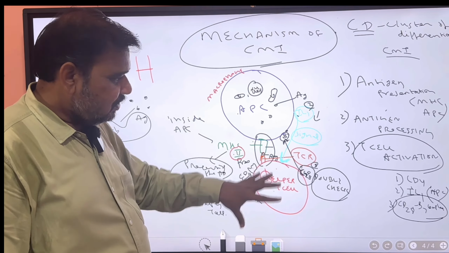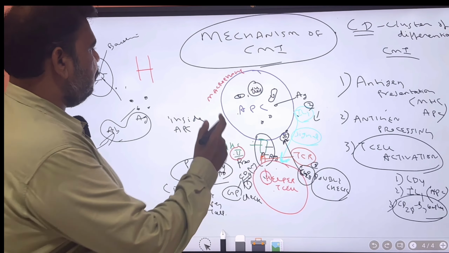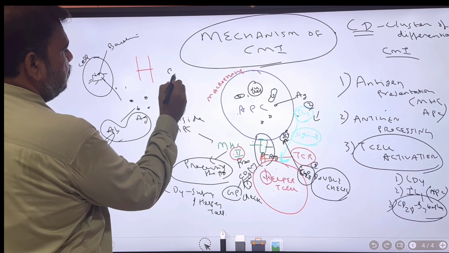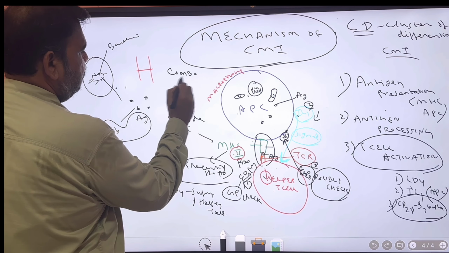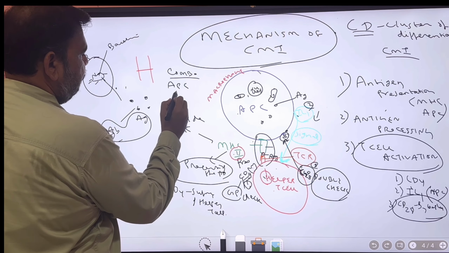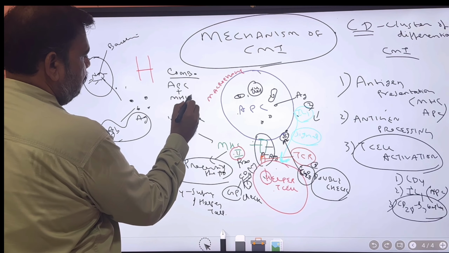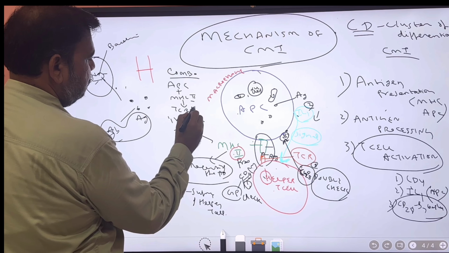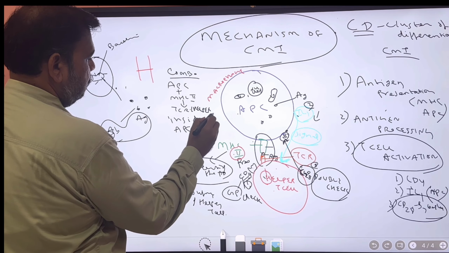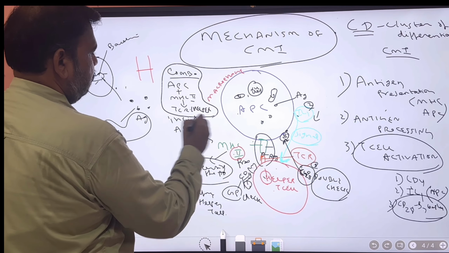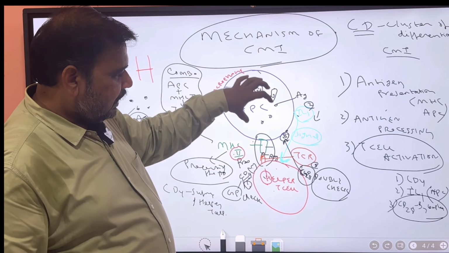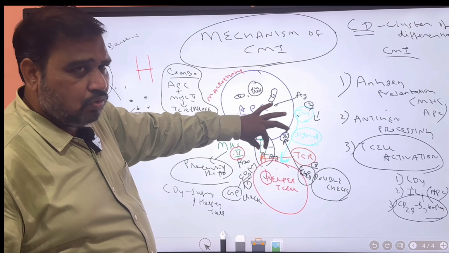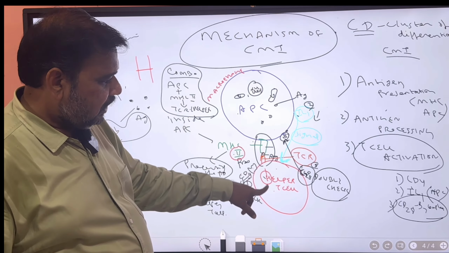CD4 is the first check. To check this combo, I will put that combo pack. The combo is antigen presenting cell with MHC2 coming to the T cell receptor of helper T cell. So please note down the combo: antigen presenting cell, MHC2, antigen, helper T cell receptor.